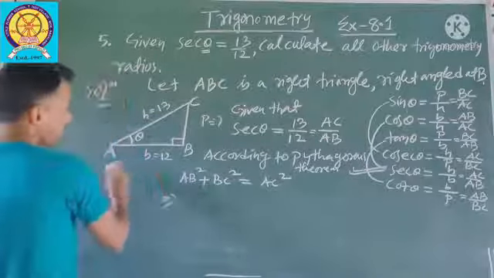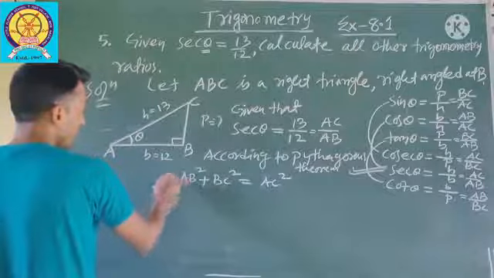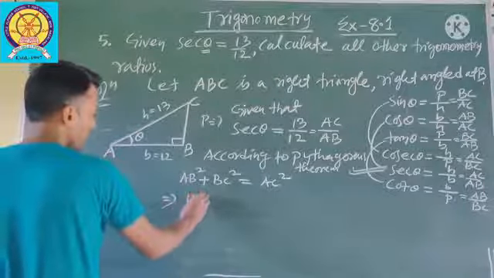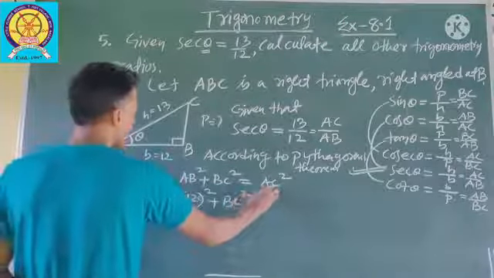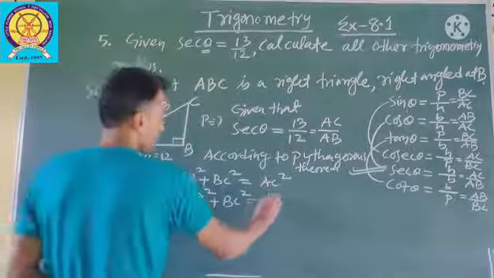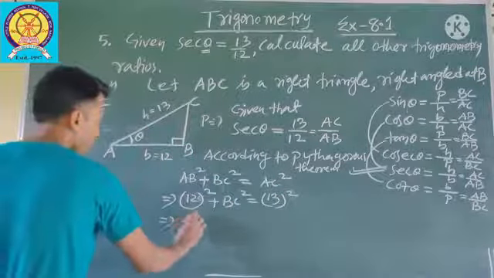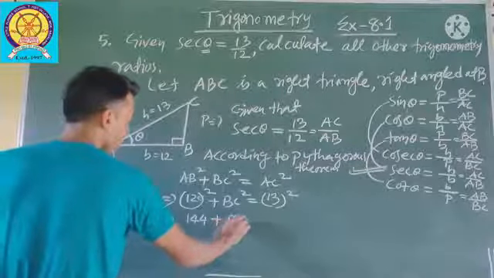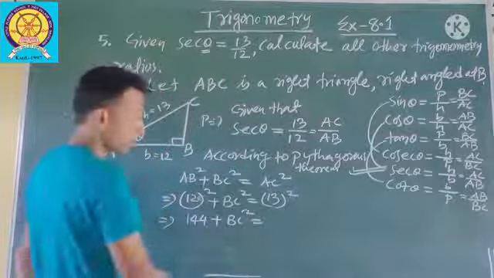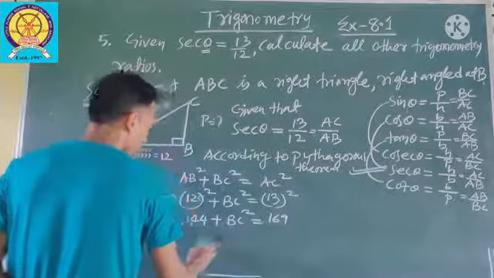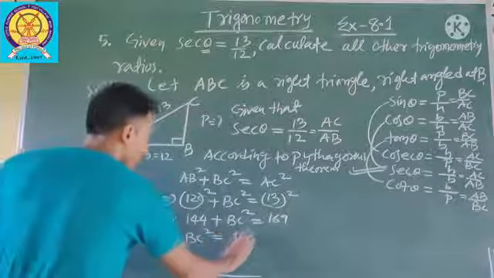So AB is already given. We have to find BC. AB given is 12, so 12 square. BC not given. AC we get 13. 12 square is 144, plus BC square. 13 square, that means 13 into 13, is 169. So BC square is 169.